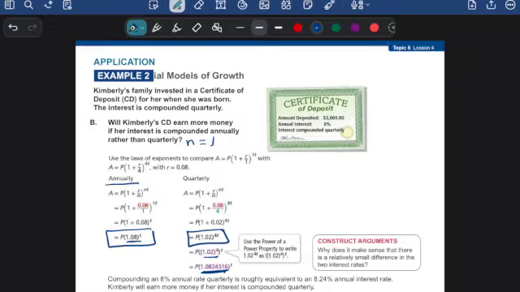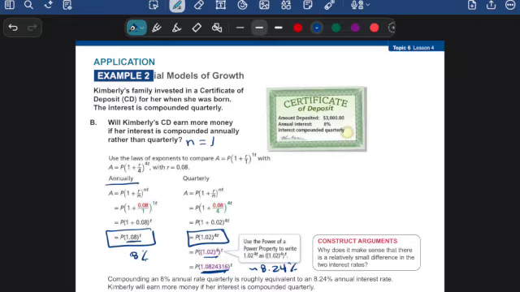So you could just compare the two formulas. You could also plug in a number for t and see which one is higher after so many years. But you can see, since we did the power to a power property, the actual growth factor is 1.08243116. It's greater than 1.08. So technically, she's earning, if that's 100% plus 0.0824, about an 8.24% interest rate versus just an 8% interest rate.